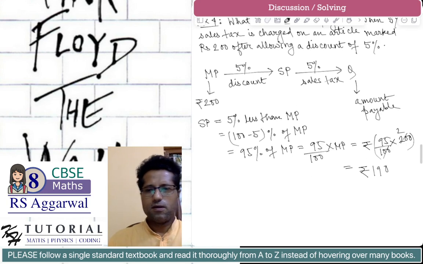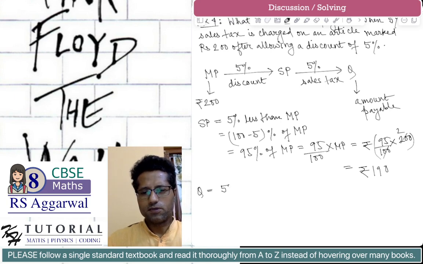Okay. Now we also know that the final amount payable, which is Q, will be equal to 5% more. 5% is the percent of sales tax, and the sales tax is added to the selling price.